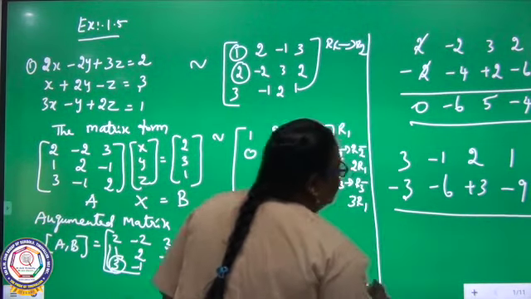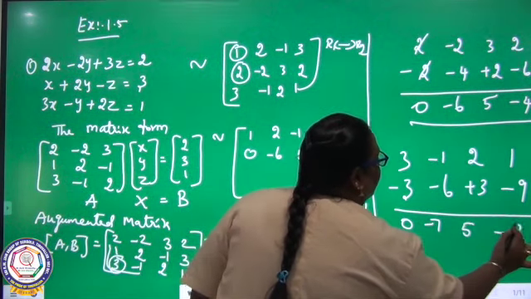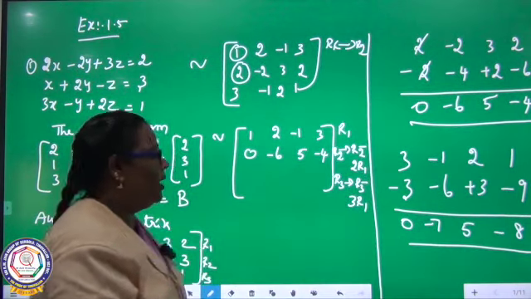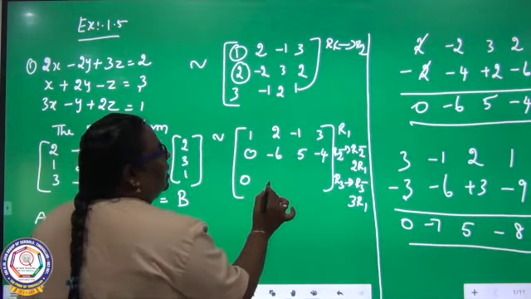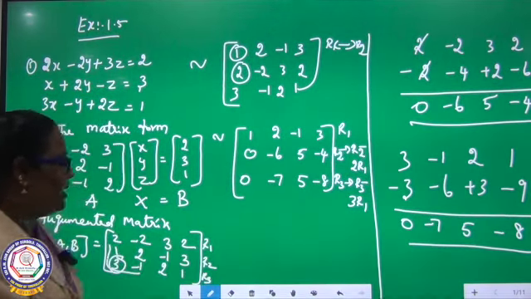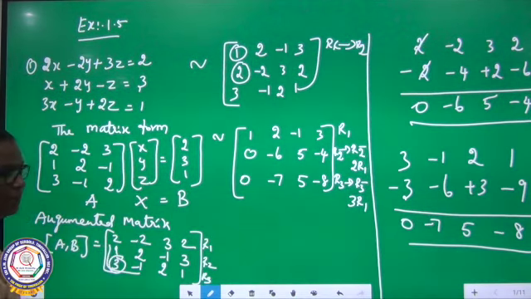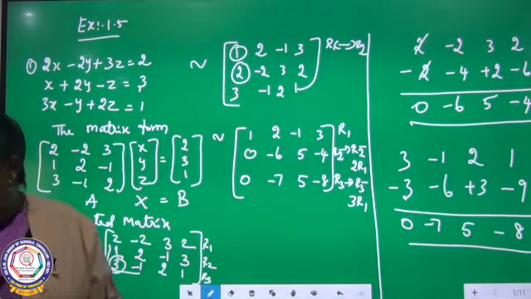So what is the answer here? 0, minus 7, 5, minus 8. So the echelon form, this L shape, is the upper triangular matrix.